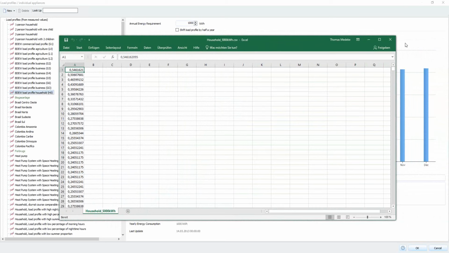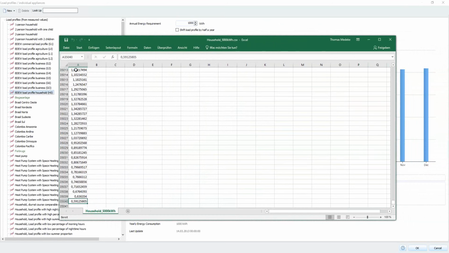And this is how the file should look. You get different formats from the power companies with a lot of information which is not needed. You have to at least delete all information which is not needed, like the header and also the time and date, etc. You just need one column, the column with the load data.